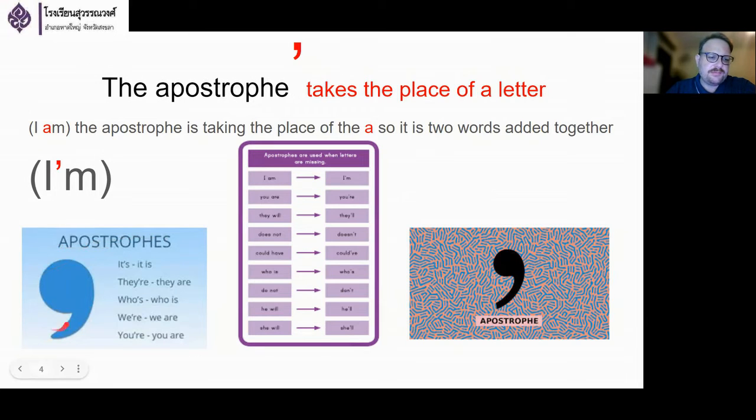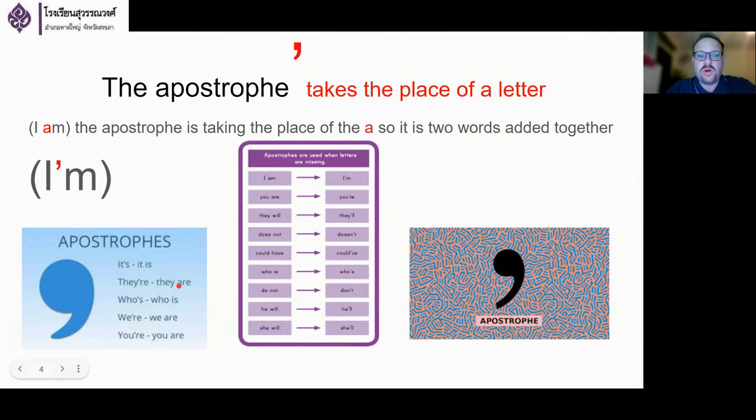Apostrophes. It's. It is. Well, I has been taken out of the second word is and glued together to it. It apostrophe S. There.